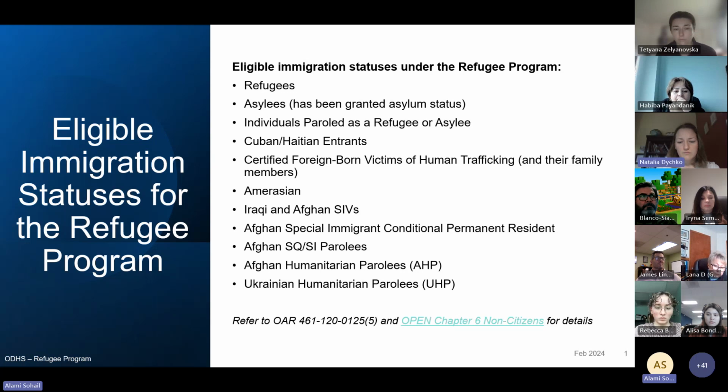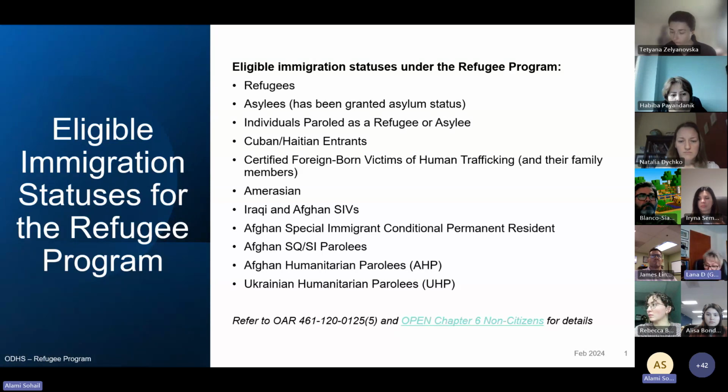We got a lot of these during the evacuation in 2021. We aren't seeing a lot of them, but if you do, there are some documents that you could look at to make sure that they are eligible. Afghan SQSI parolees, same. Afghan humanitarian parolees, these are still trickling in, but not at the numbers that they were coming in between 2021 and 2022.